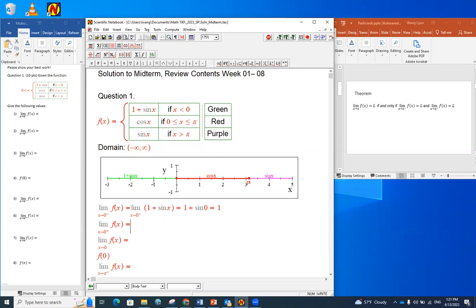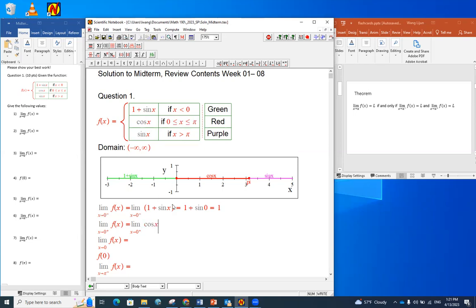Now, the limit from the right. When x is larger than 0, the second function, cosine x, is applicable, since it applies when x is between 0 and pi inclusive.